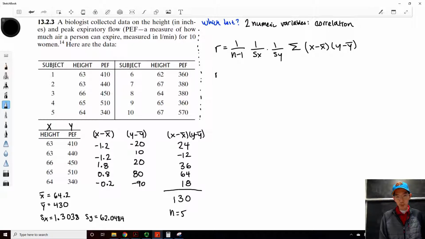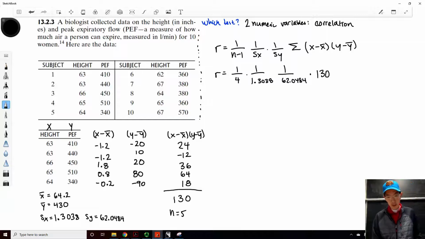So I'll plug this in. R is going to be 1 divided by n minus 1, which is 4, times 1 over the standard deviation of x, 1.3038, times 1 over the standard deviation of y, 62.0484, times the sum of the product, which is 130.